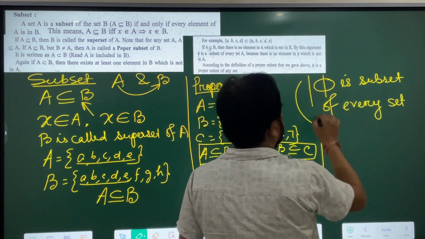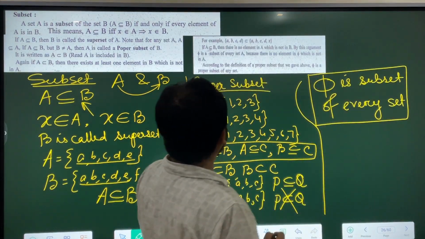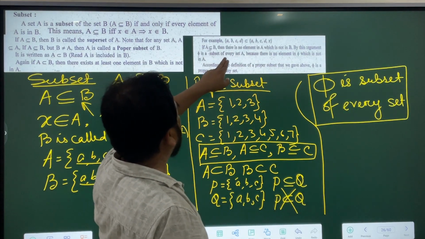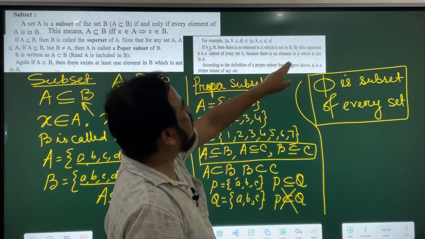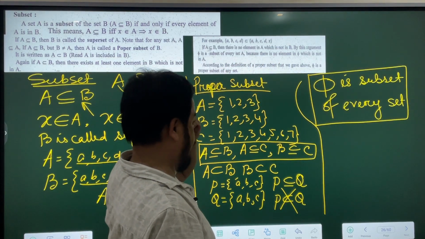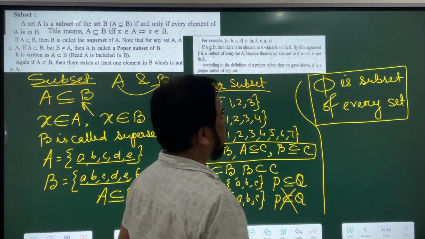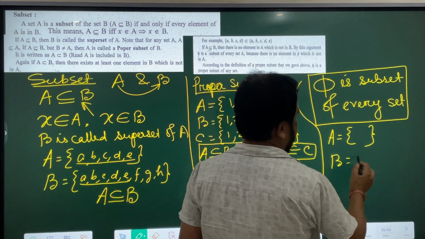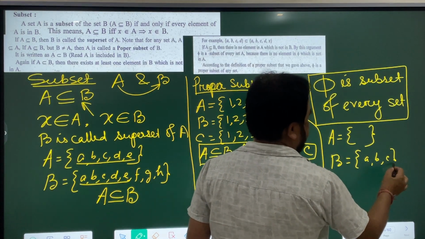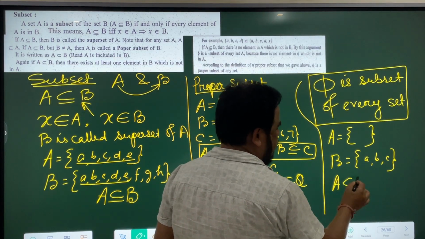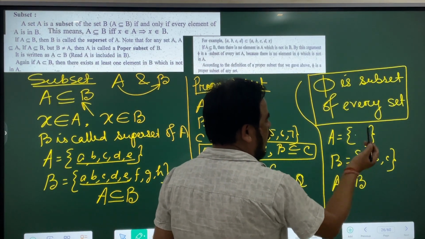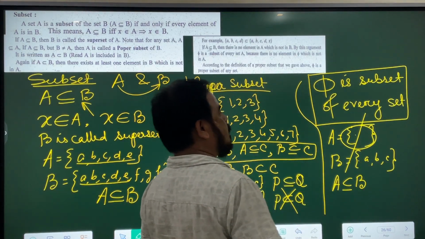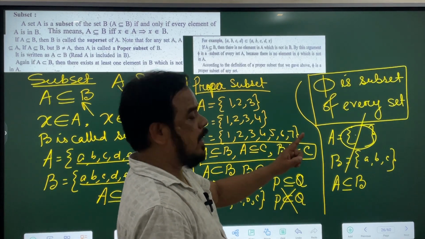Phi is always subset of every set because there is no element in phi which is not in A. So phi is subset of every set, any set.